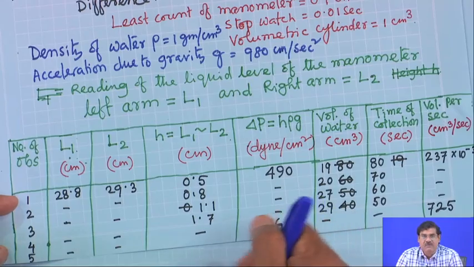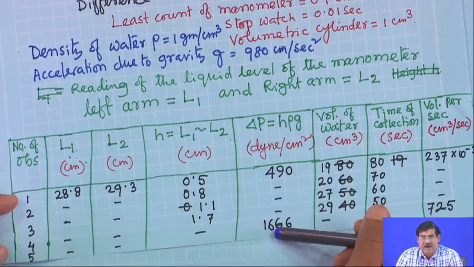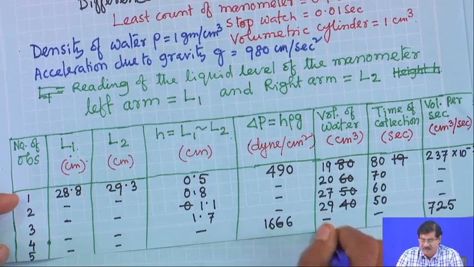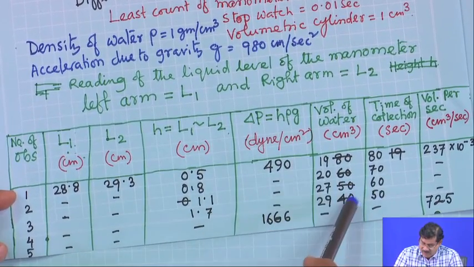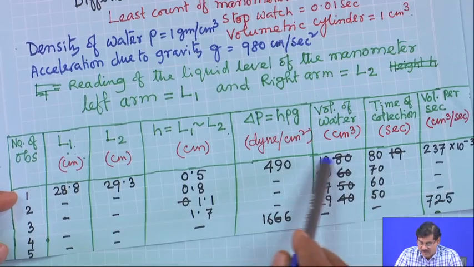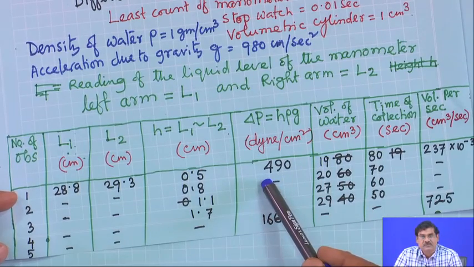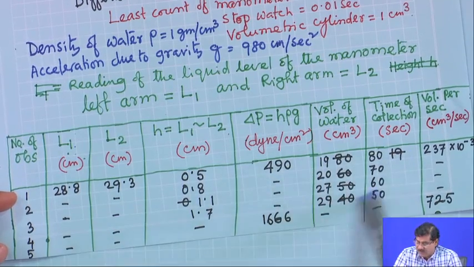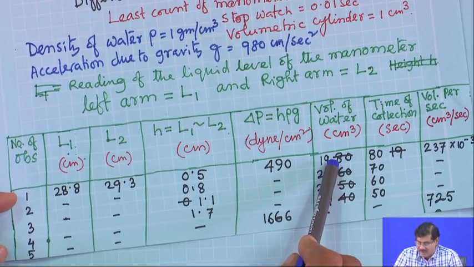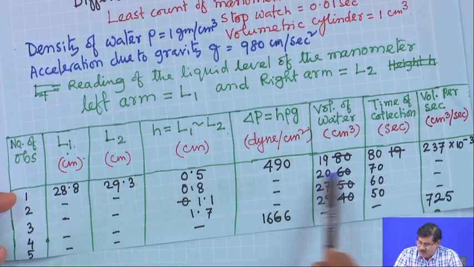So, I cannot use a very high pressure difference. There is a limit. If the pressure difference is lower, you have to spend more time to collect water. So, I would prefer to collect at least 40 to 50 milliliter for each case.